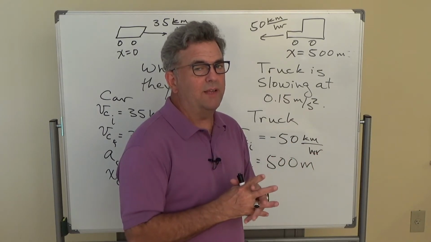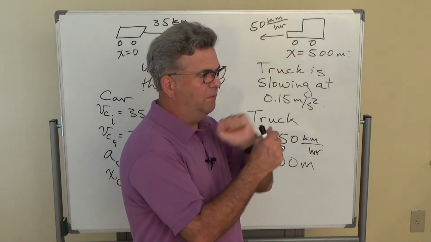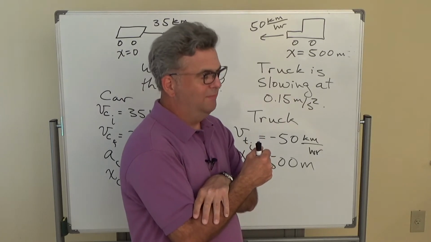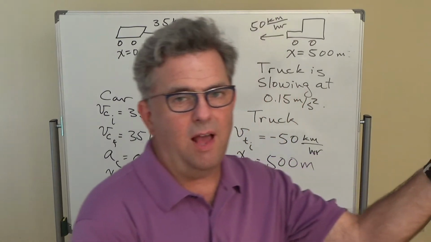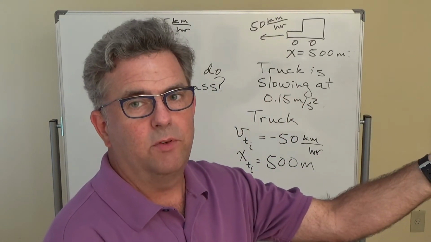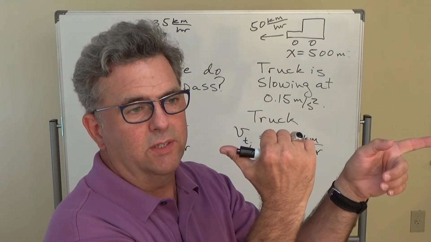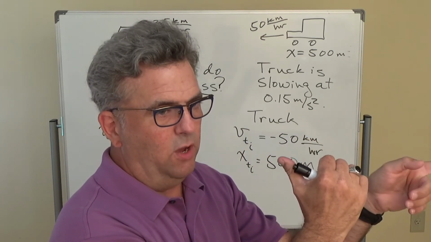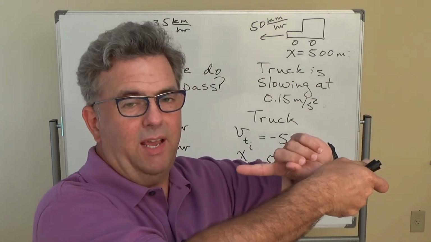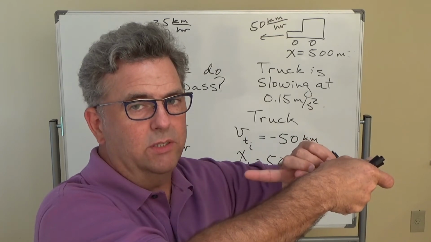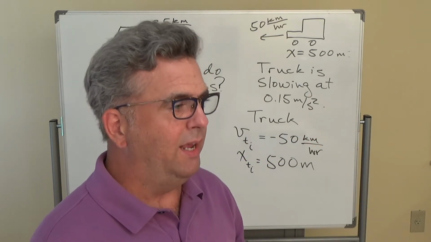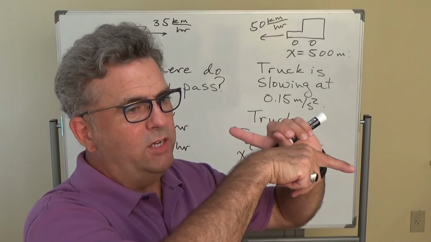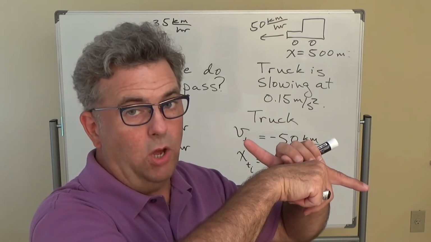Remember what I talked about yesterday? Look at the little chart yesterday. If the velocity is in the positive direction and the acceleration is in the negative direction, that's slowing. If the velocity is in the negative direction and the acceleration is in the positive direction, that's slowing down. Meaning if those directions are opposite, it's slowing.